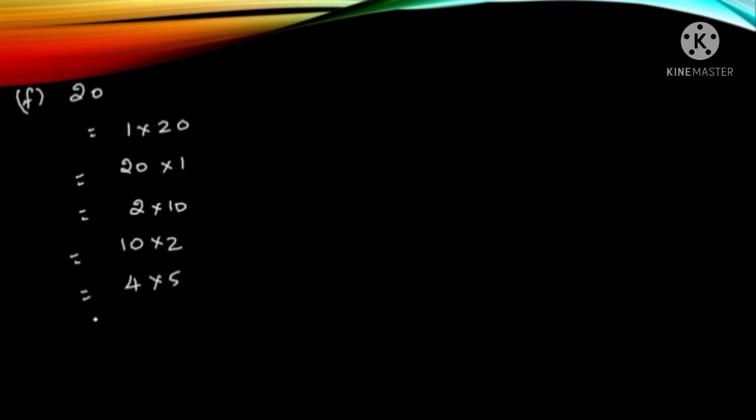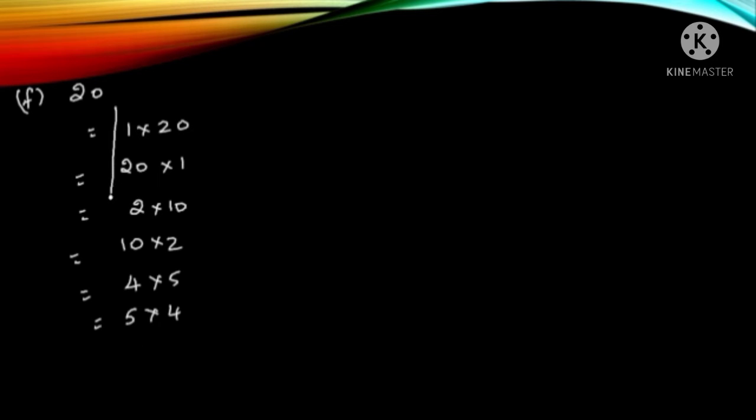Next, subdivision F, 20. So what are the factors of 20? The tables are 1 20s are, 20 ones are, then 2 10s are, 10 twos are, and then 4 5s are, 5 fours are. That's all.